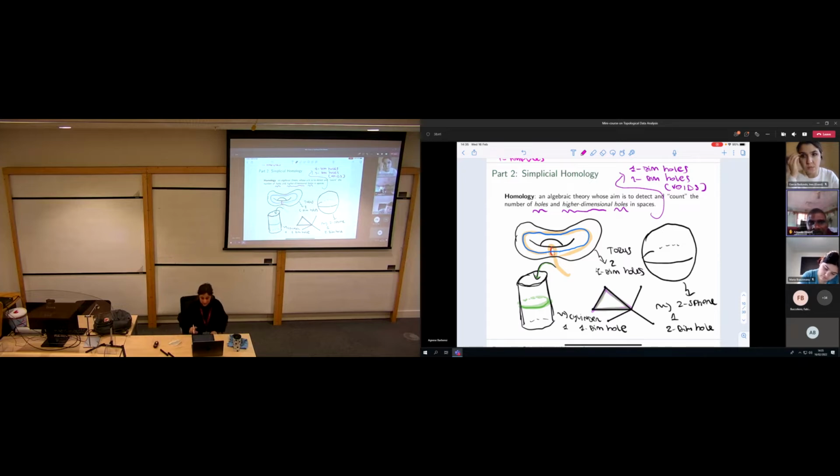I haven't given a definition yet. And to be fair, I'm going to give a simplified definition. I'm not going to give the full algebraic definition, but hopefully that will be enough to have an understanding. And I promise I'm going to give you enough references to have the full algebraic picture.